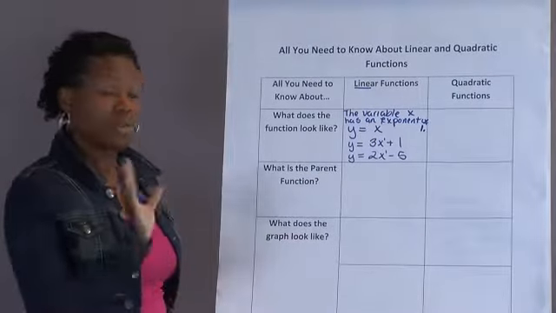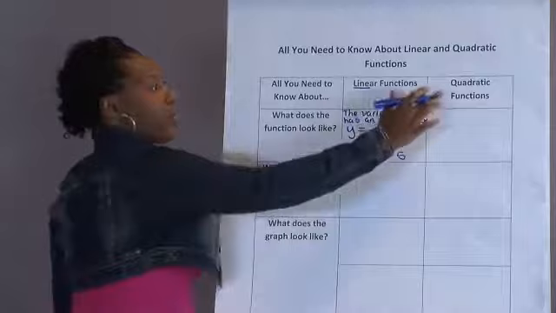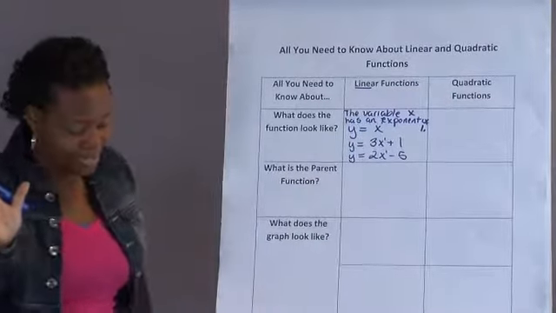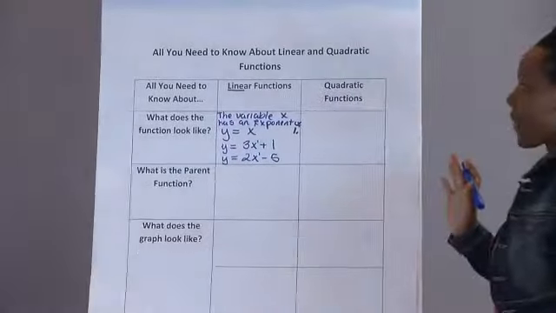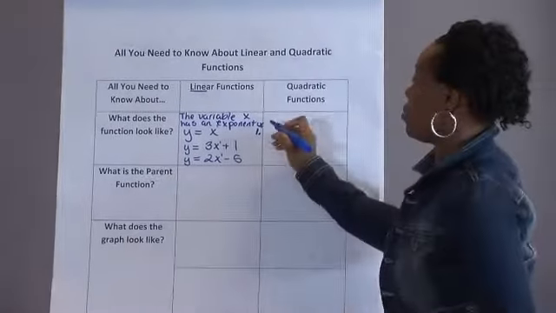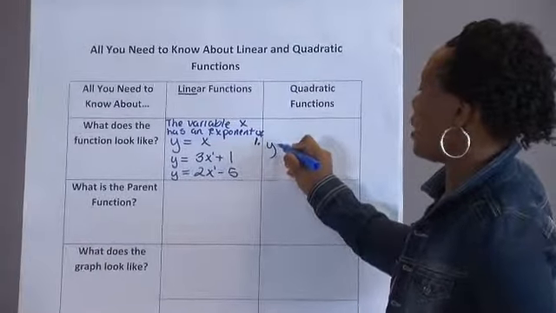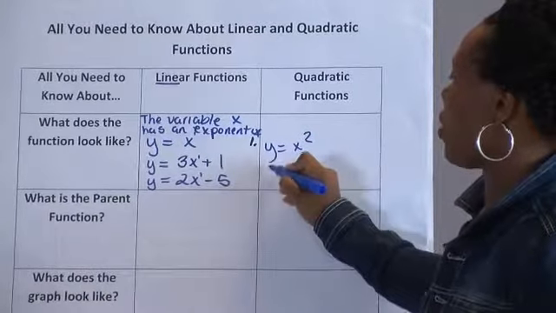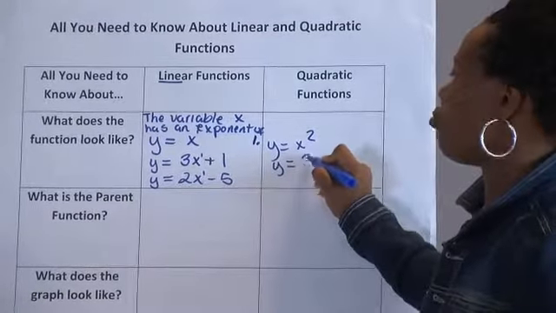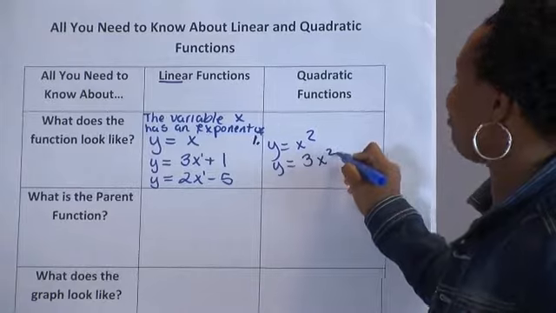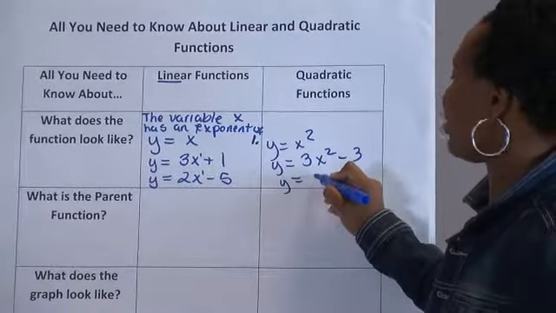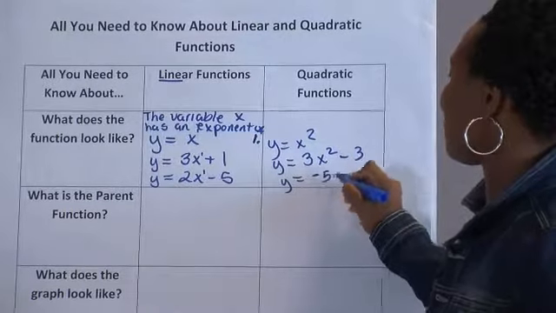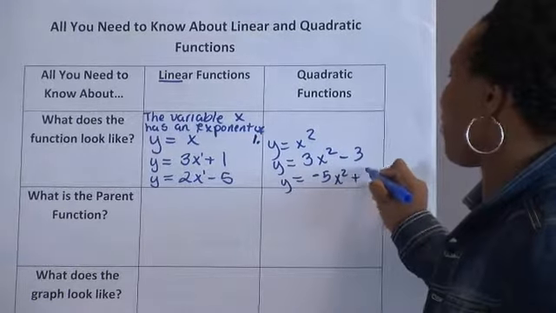Okay? All right, so I'm going to contrast that with quadratic functions. So let me walk over to my side, do my little walk. Quadratic function examples would be y is equal to x squared, y is equal to 3x squared minus 3, y is equal to negative 5x squared plus 4.